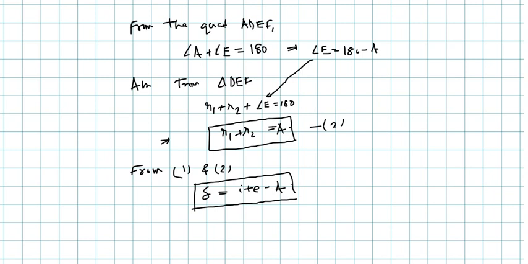Now, if we plot a graph between delta and angle of incidence, this is what you are going to find. The graph is something like a U shape.